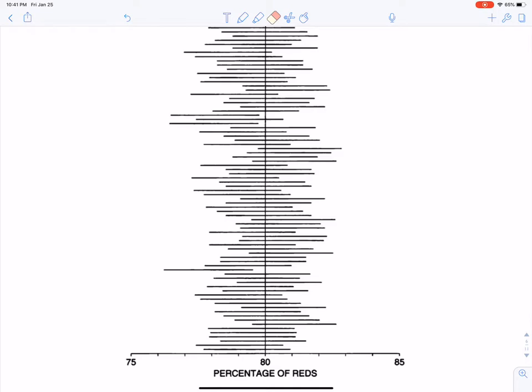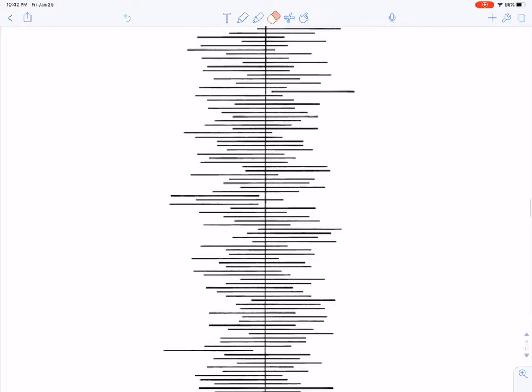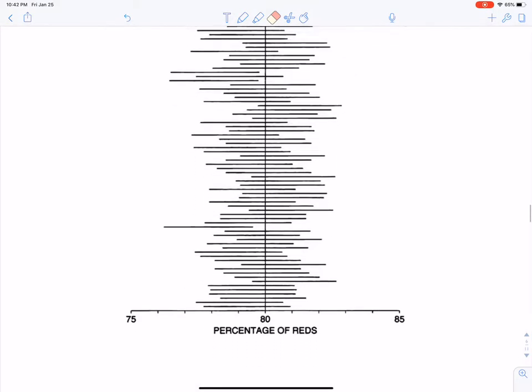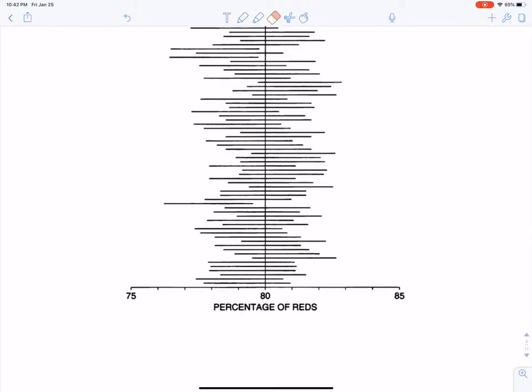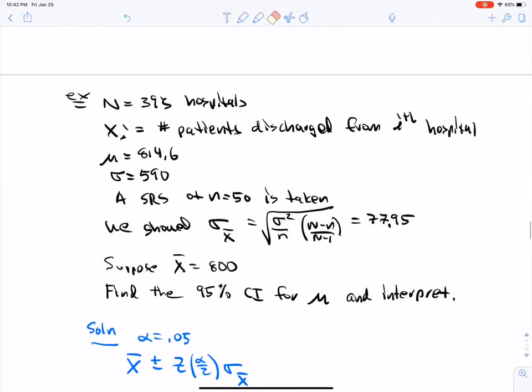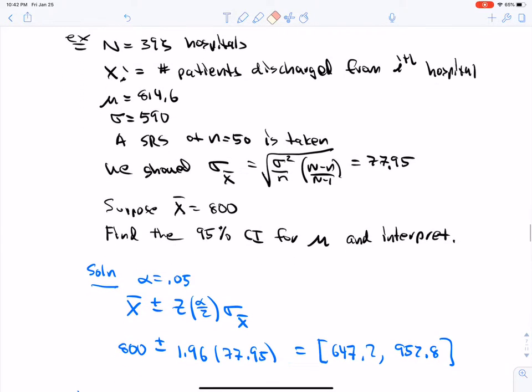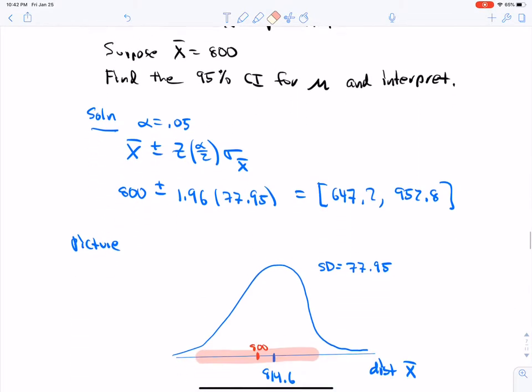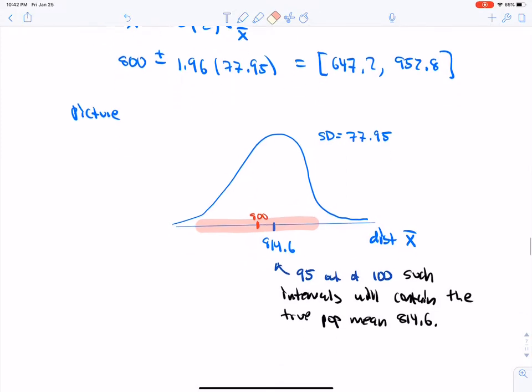Out of 100 confidence intervals, 95 of them contain the true population parameter. I also gave a simple example asking you to find a confidence interval and to interpret what it means.